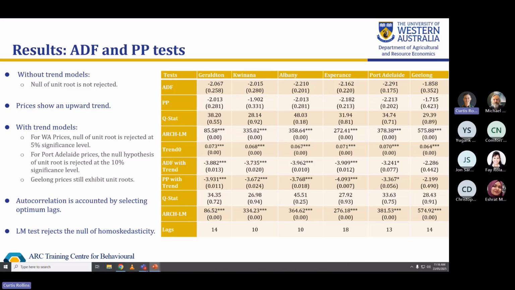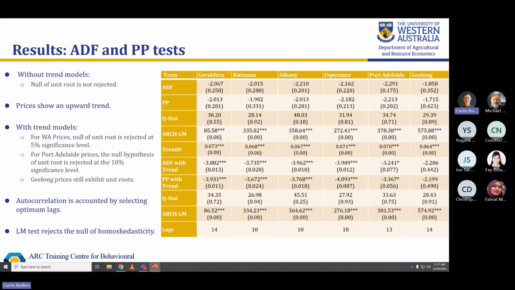And when I introduce that trend into the model, then WA prices reject the null of unit root at 1% level, and Port Adelaide rejects the null of unit root at 10% level, whereas Geelong price still has unit root, but trend is also significant there.